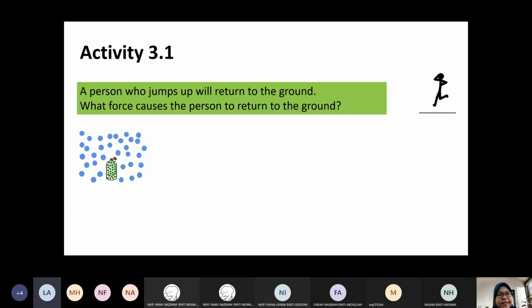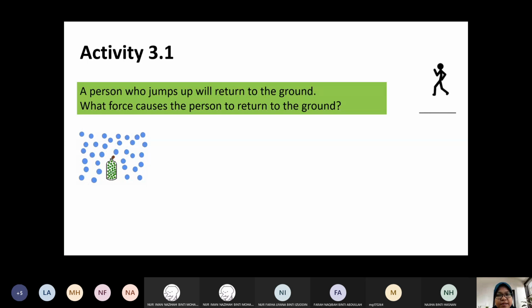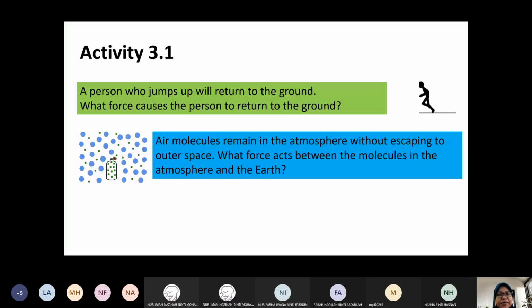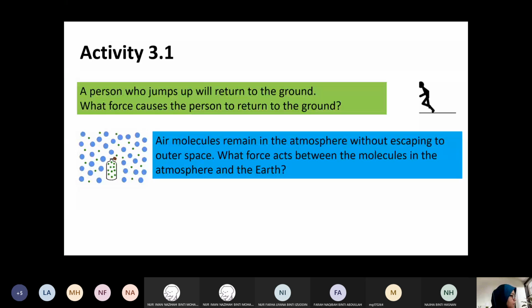Okay, now look at this diagram. So this is about molecules. Molecules remain in the atmosphere without escaping to outer space. What force acts between the molecules in the atmosphere and the earth? Anyone? Tu kat bawah. Anyone? What about this question?